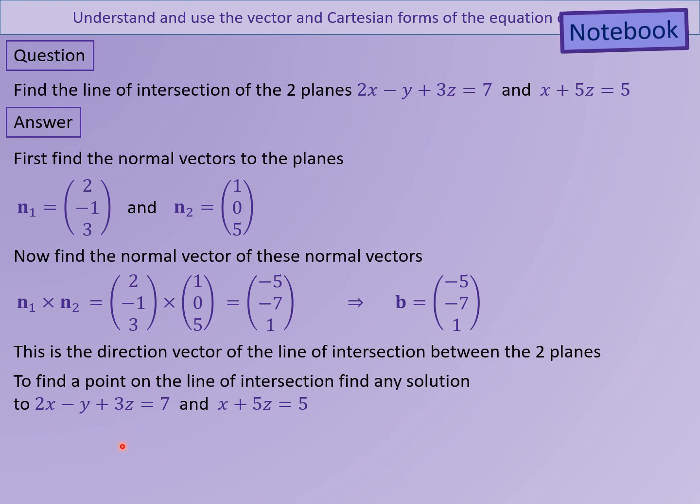So what do I get? I need to find a point that lies on both of these. It's not as easy as just rearranging, making x the subject and substituting it in, because that's going to end up with another equation with y and z in. But don't forget, you're only finding a single point that works. So you could use a bit of guesswork and think, yep, I can see a value that works for both of those. Or maybe you want to do it more systematically. The best way to make it as quick as possible is to set x, y, or z equal to 0.